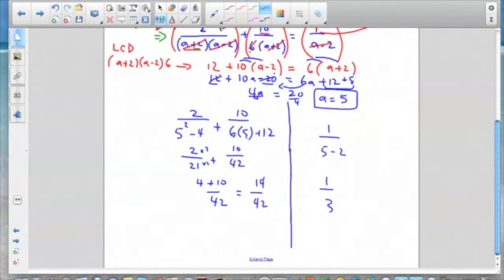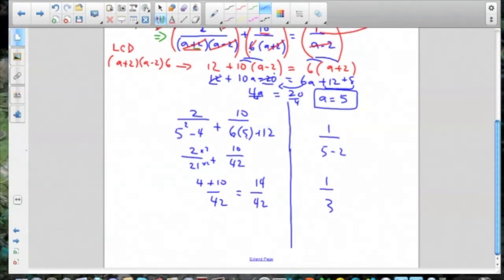So do we know? Yes, this simplifies to 1/3. All right, so do they equal each other? They do. So that's just checking to see if a equals 5. Is 5 really a solution? In this case, it balanced out, so this is the solution.